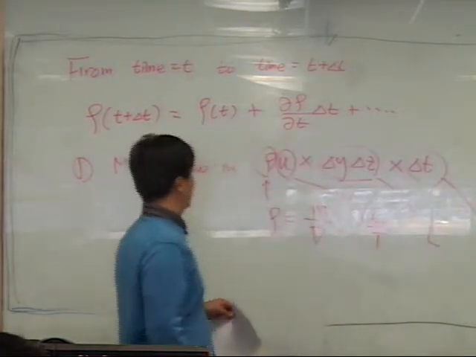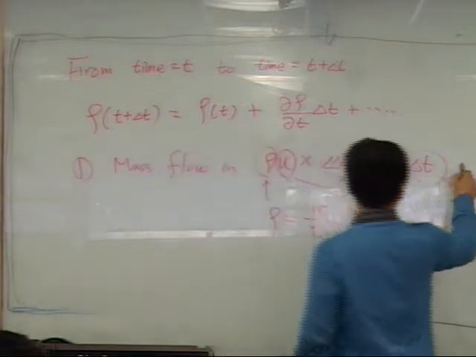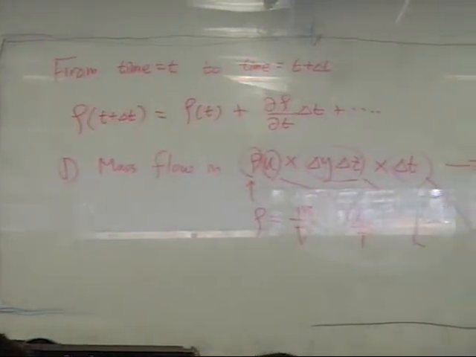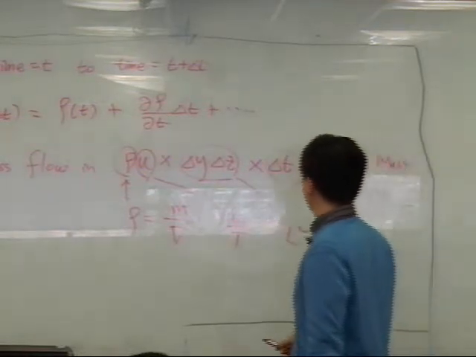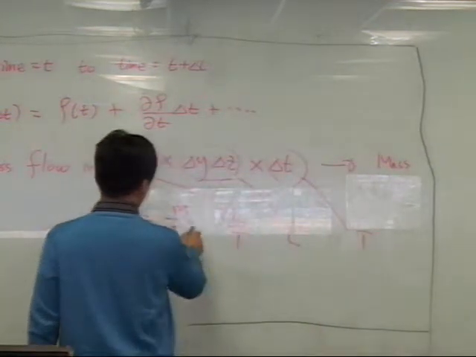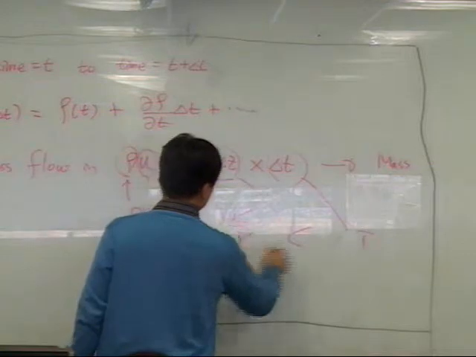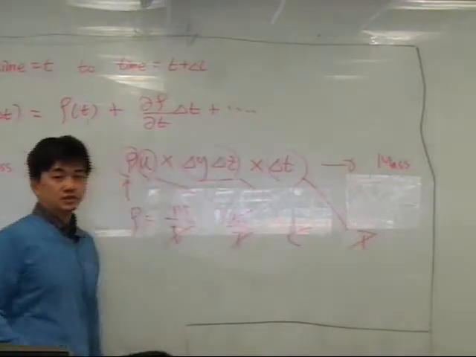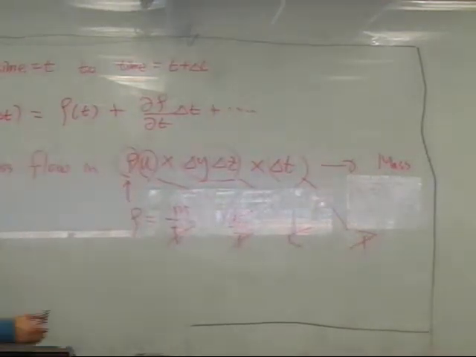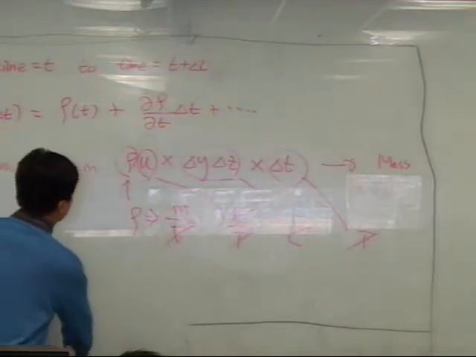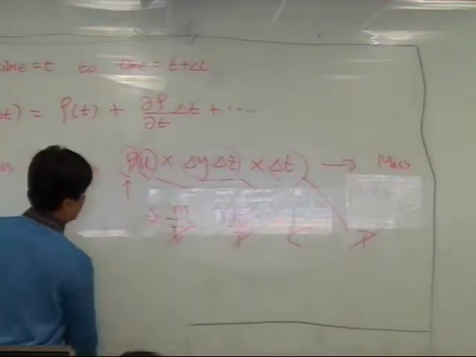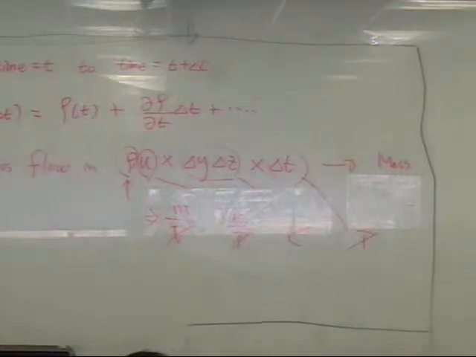So all of this will be a mass, right? So volume, L, same. Only we have a mass. So this is the mass flow in x direction.